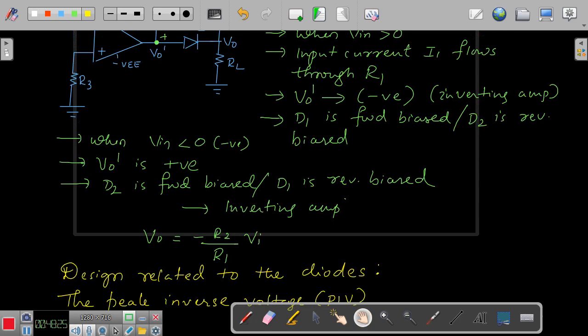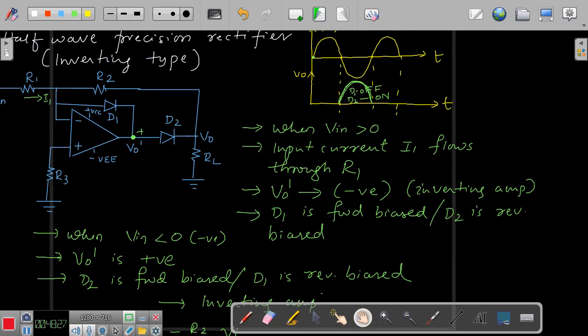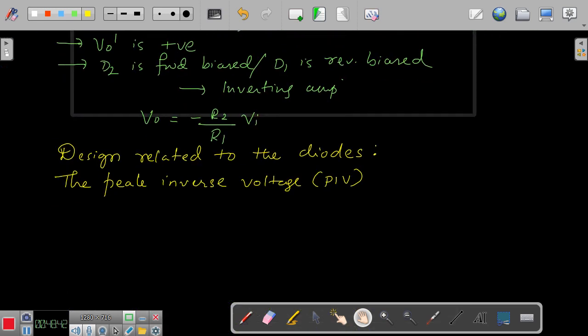Suppose your VCC is 6 volts and VEE is minus 6 volts, the diode used here should have a peak inverse voltage of plus VCC minus of minus VEE, that is 12 volts. This is a very, very important point to be noted. It should be greater than or equal to plus VCC minus of minus VEE. When we solve the problem, we will try to see this.